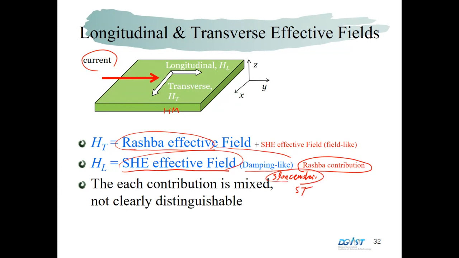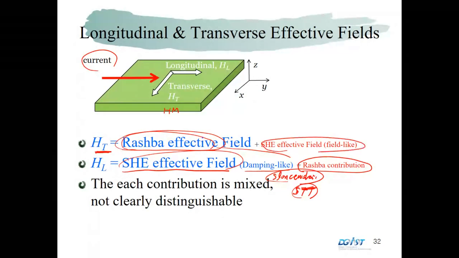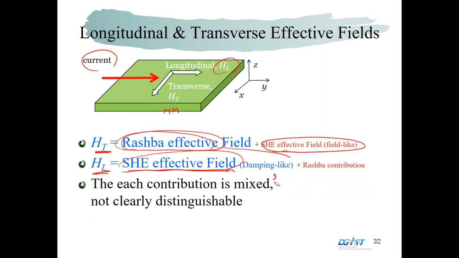This means the STT term. Anyway, mainly in the transverse direction, the contributions come from the Rashba effect, but we always have a spin Hall effect also. And in the longitudinal direction, we have a spin Hall field, or there's some Rashba contribution.